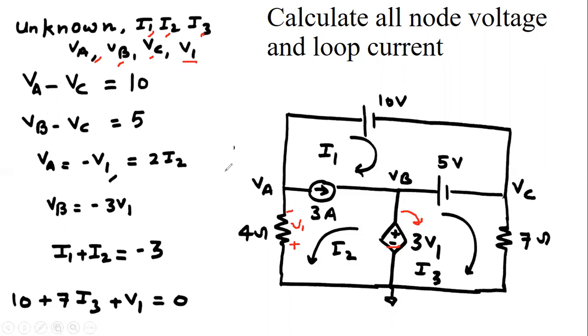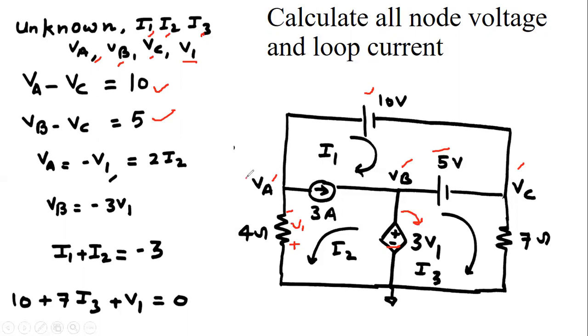One by one we are solving this. Between nodes A and C there is only a 10 volt source, so VA minus VC equals 10 volt. Second, between nodes B and C there is only a voltage of 5 volt, so VB minus VC is 5 volt.